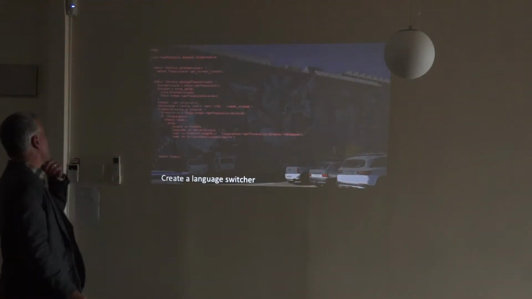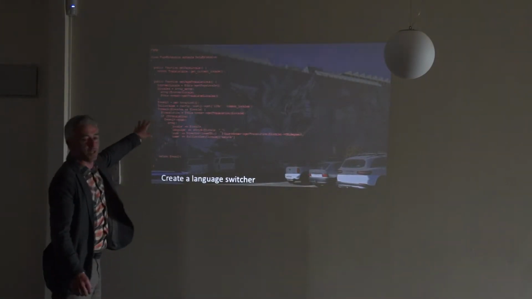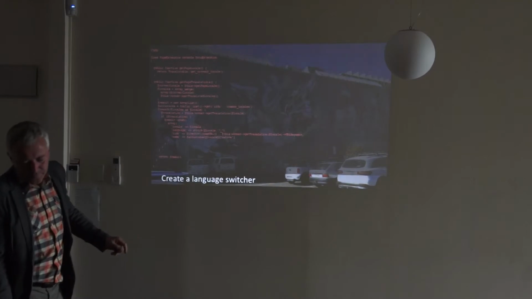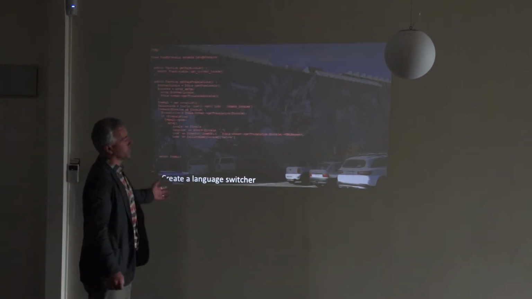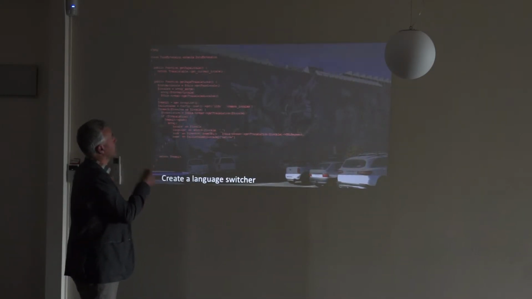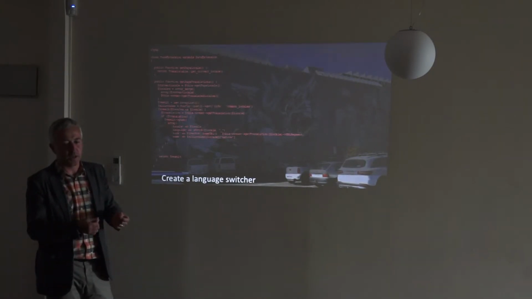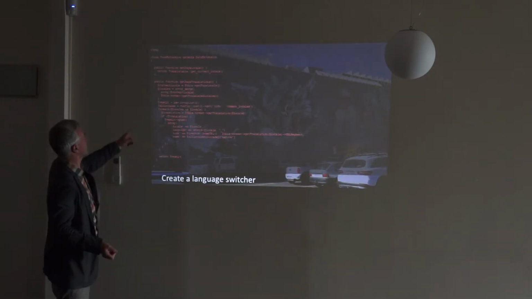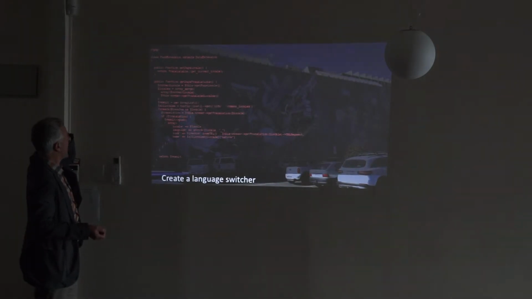Okay, so obviously you can't read this, but there's some code here. One kind of obvious thing that you want to do is create some mechanism on the front end of the website to switch between languages, and this is the code that I use for that, which I probably found on Stack Overflow or something like that.